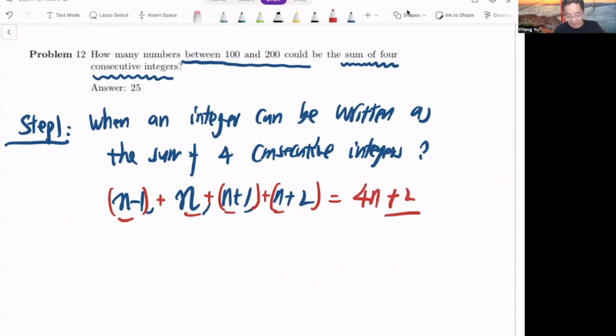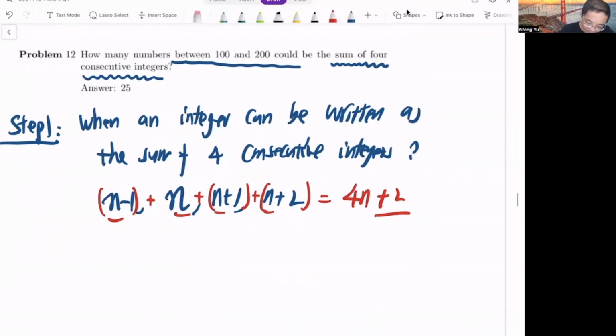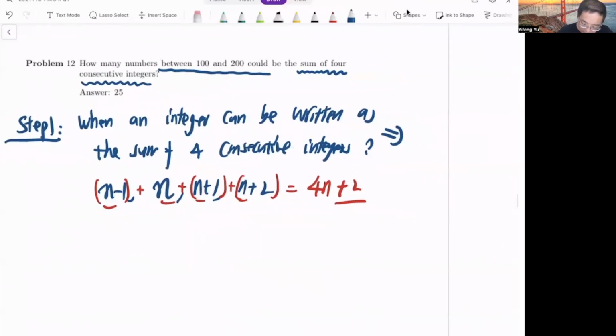What does this tell us? It tells us a number can be written as a sum of 4 consecutive integers if and only if the remainder is 2 when it's divided by 4, right?